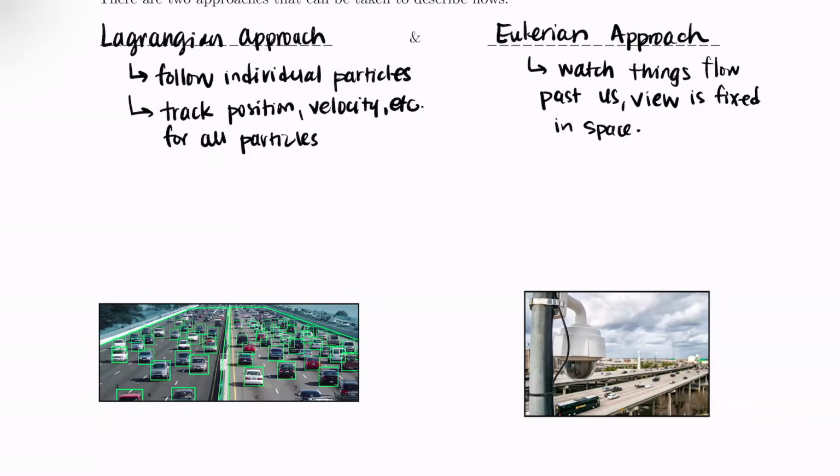Tracking individual fluid particles, like in the Lagrangian approach, technically can be possible, but only for very simple organized flows, like a sheet of laminar flow. But as soon as we look at something even slightly more chaotic, that becomes crazy unmanageable. So the Eulerian approach is where we'll live pretty much all the time.